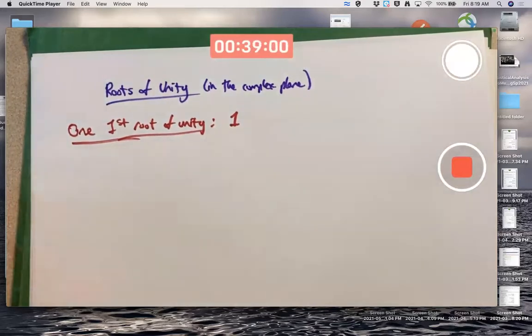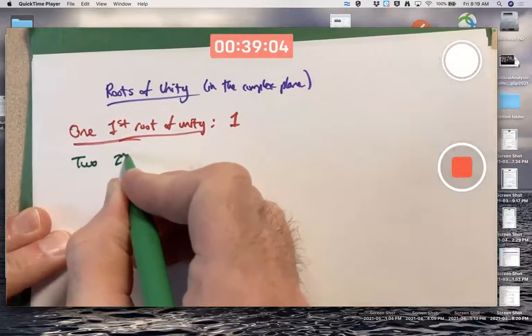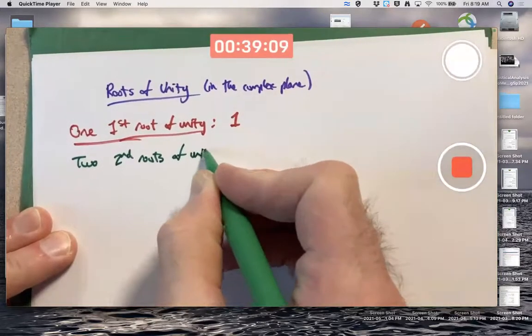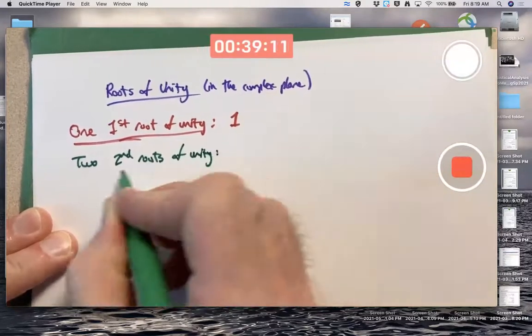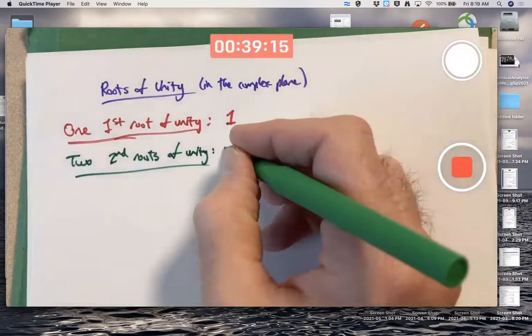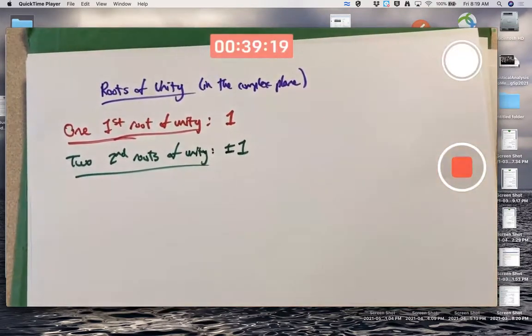There are 2 second roots of unity. Square roots. Plus or minus 1. Right?